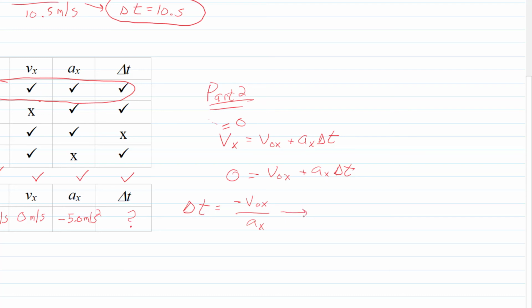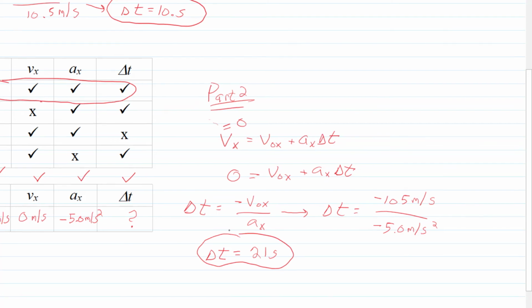Putting in my values, delta t is -105 meters per second divided by -5 meters per second squared. And what I get is my elapsed time for part 2 is 21 seconds.